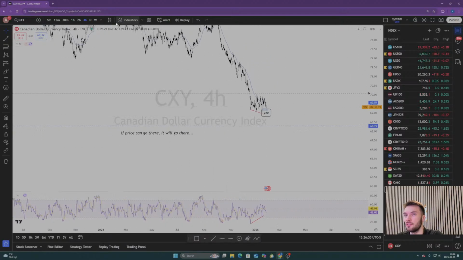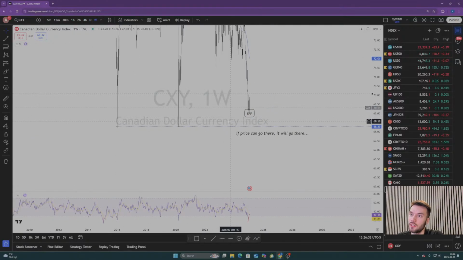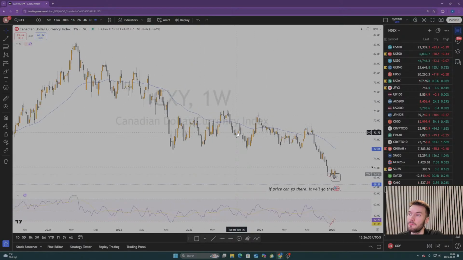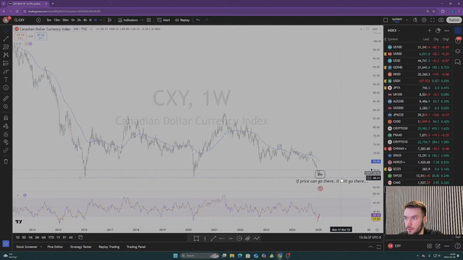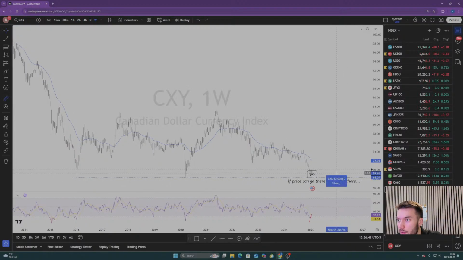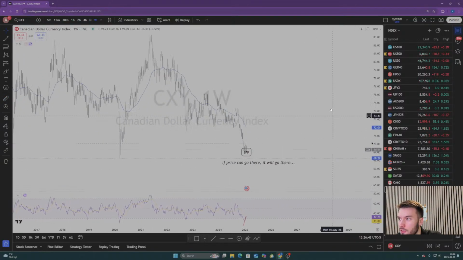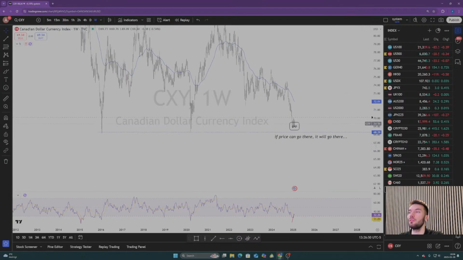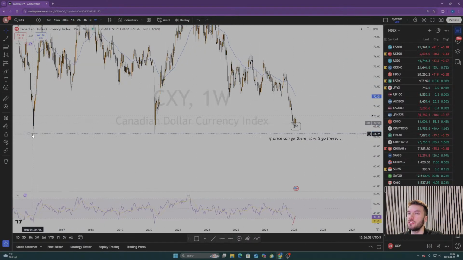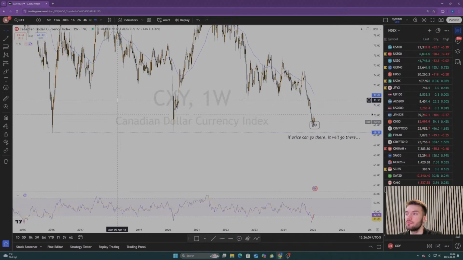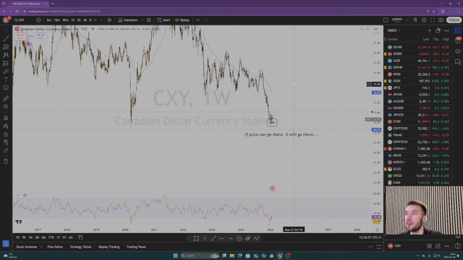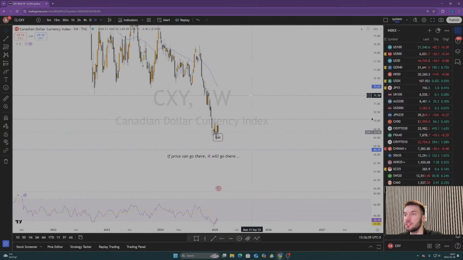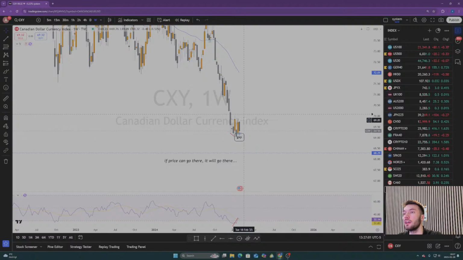And that's dangerous, because if we zoom out and we look at this, yeah, we have another 100 pips to go down there. So if we were to retest this type of level, then I will close out the position, but I am calling a reversal right here.